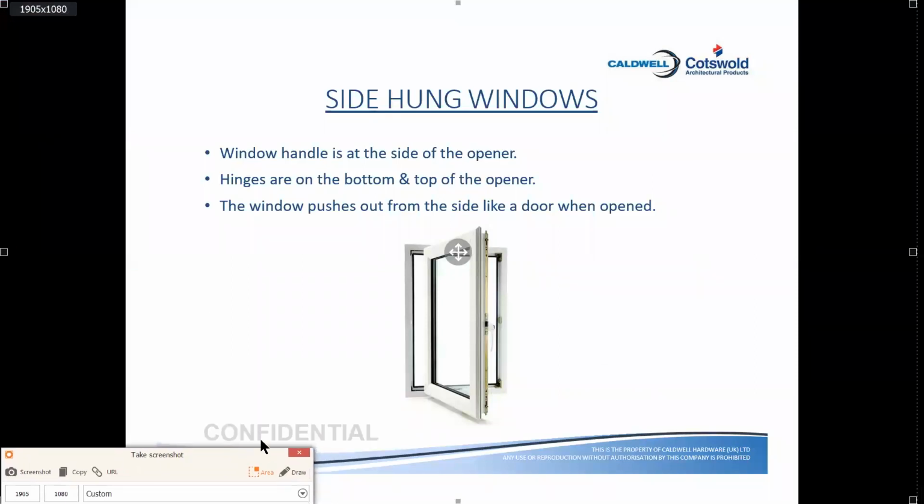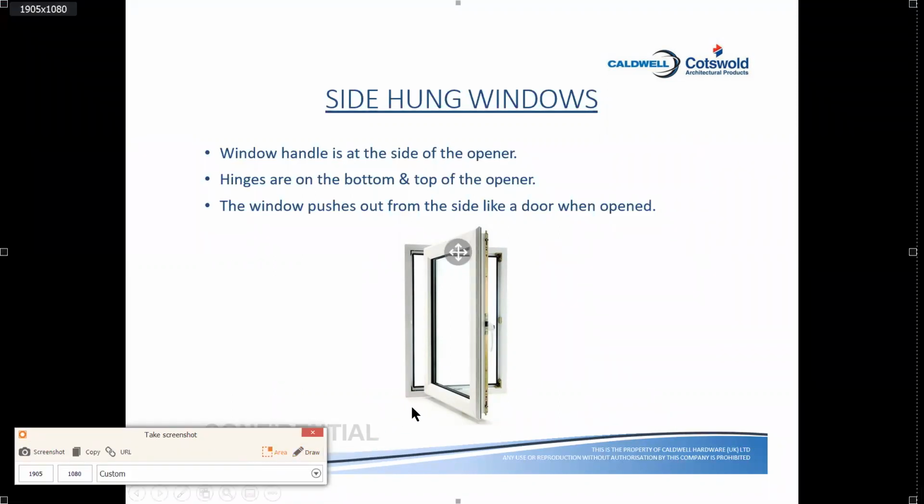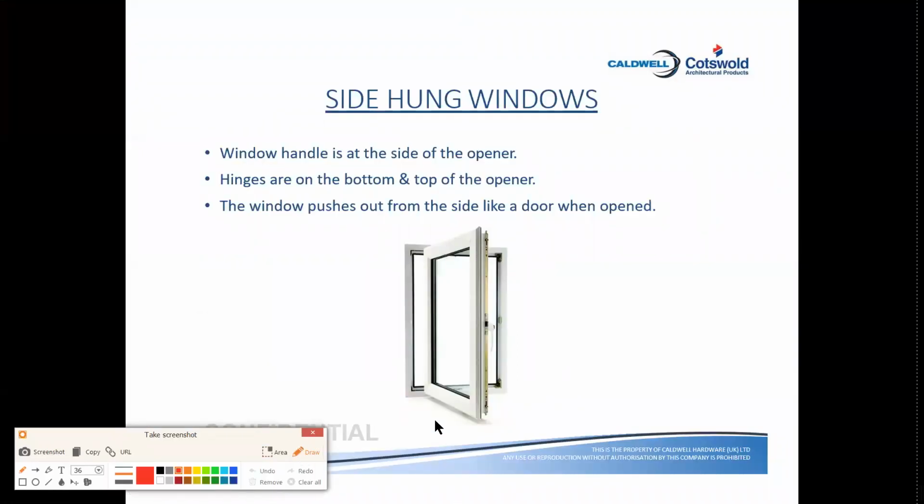As you can see here, if this is a side hung window and this width is, imagine this width to be 700 mm, in side hung normally the window opens up to 88 degrees or 83 degrees to have more and more clear opening.